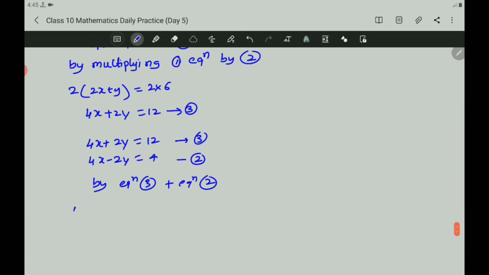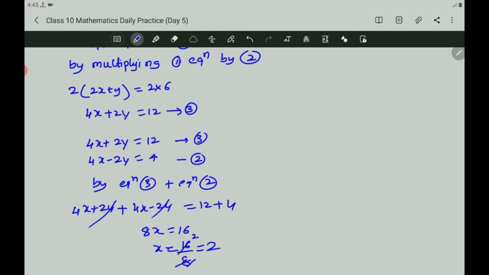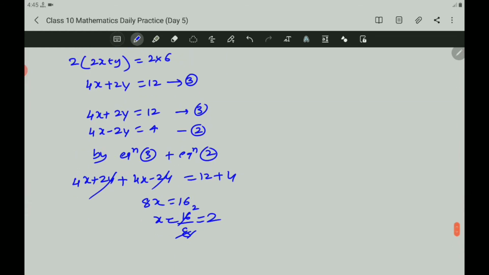So it becomes 4x plus 2y, LHS plus LHS, plus 4x minus 2y equals 12 plus 4. Here you cancel the 2y. 4x plus 4x becomes 8x. 4 plus 12, that is 16. So you got x equals 16 by 8. 8 ones are 8, 8 twos are 16. So you got the value of x is 2.